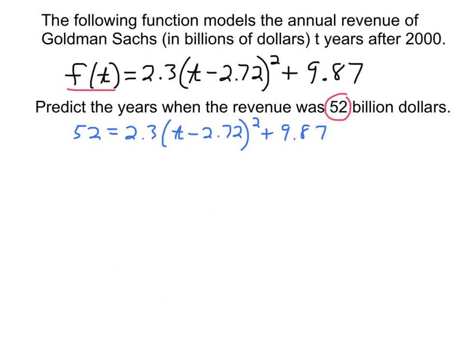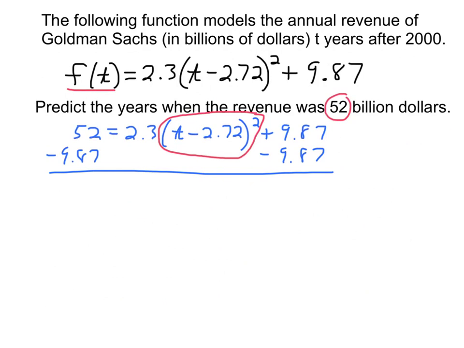Now to solve this, first of all, we have to get this squared expression that's inside the parentheses to be alone on one side of the equation. So first you would subtract 9.87 from both sides of the equation. And that comes out to be 42.13 equals 2.3 times t minus 2.72 squared.